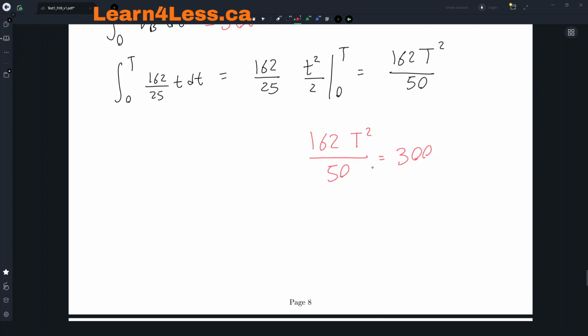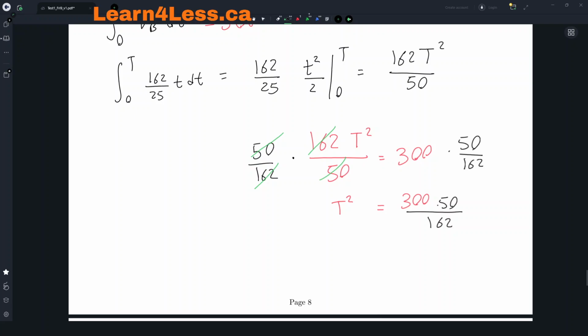So let's rearrange. So t squared is equal to 300. What I'm gonna do is multiply both sides by 50 over 162. So there's a 50 over 162 here, and on the left hand side, these parts get cancelled.